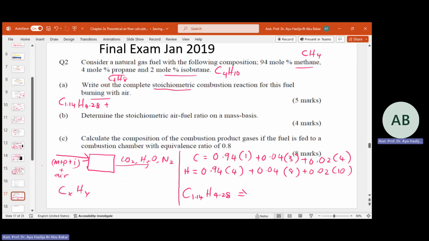So from the new formula, find the A. 2.21, yes. Okay, so masukkan dekat equation.